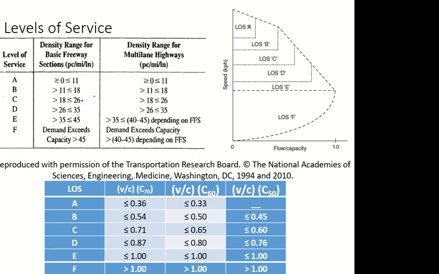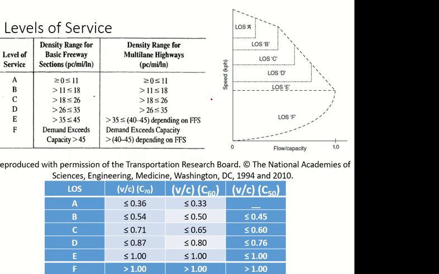This is density, 26 and 35 density. Density is flow rate upon speed. So this value is a tangent theta. 26 is the tangent theta and 35 is the tangent theta for this graph, because these are density and density is flow upon speed.